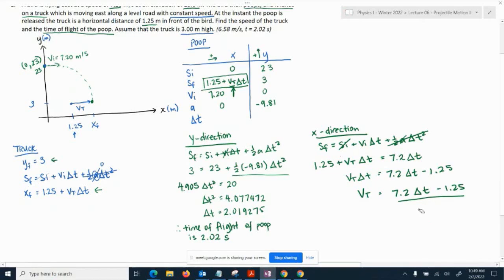I want delta t to be gone, so I'm dividing both sides by delta t. So I put my delta t on the bottom here. So let's plug in our numbers. 7.2, my delta t is 2.019275 minus 1.25 over 2.019275. Okay, so I'm going to type this up on my calculator.